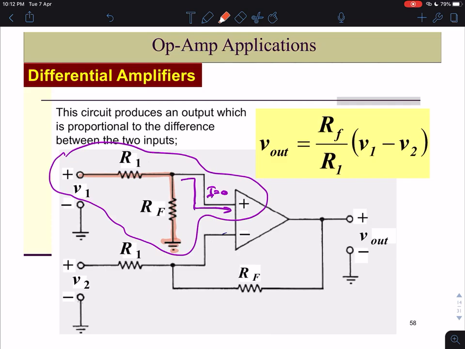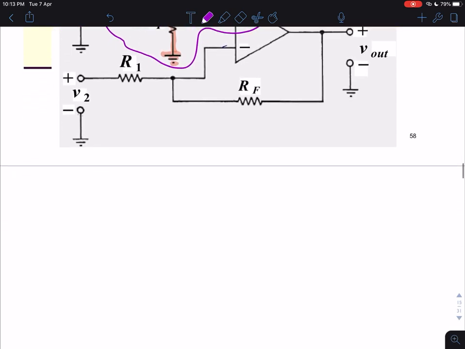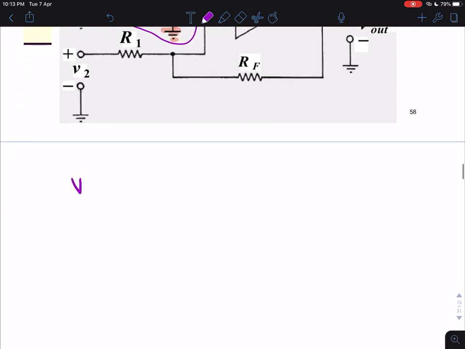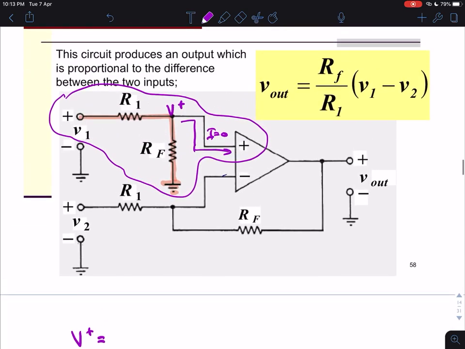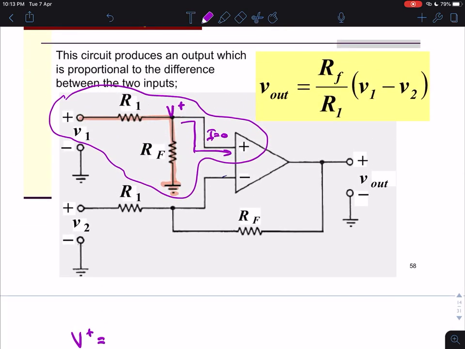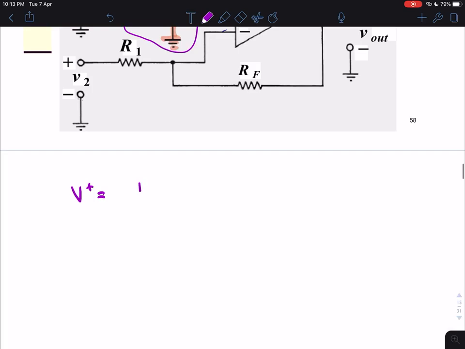So here we can use the voltage divider rule to get the expression of V plus. V plus is equal to RF over (R1 plus RF) multiplied by V1.